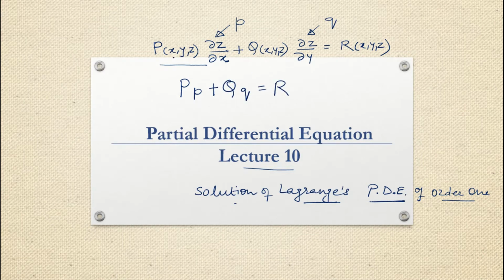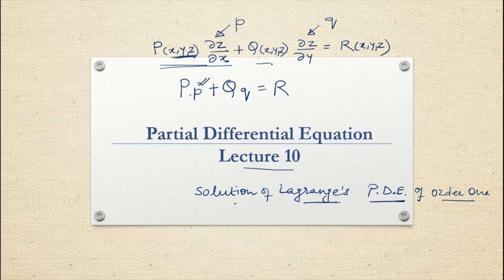And what does it mean? Why am I writing x, y, z? Because P, Q and R are functions of x, y and z. The first term has del by del x of z, which is small p. The coefficient of small p is capital P. And what is this capital P? Capital P is any function of x, y, z.